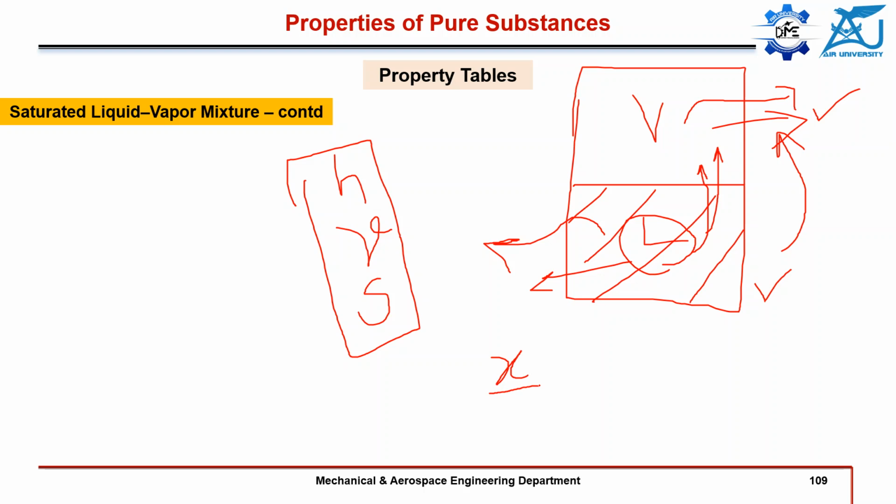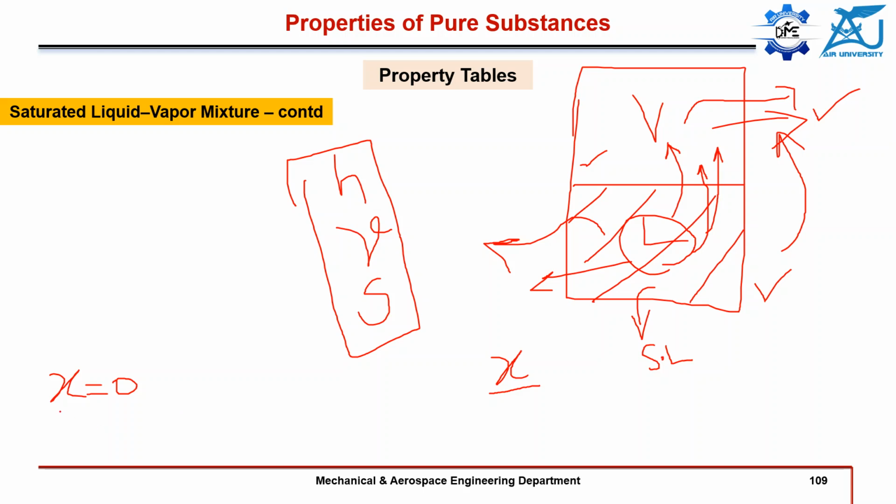For example, at the start of phase change process, if your quality was zero, this means all of your fluid was actually a saturated liquid. Now, with passage of time, this x is changing. That means your saturated liquid is becoming saturated vapor, moving towards the phase of saturated vapor.